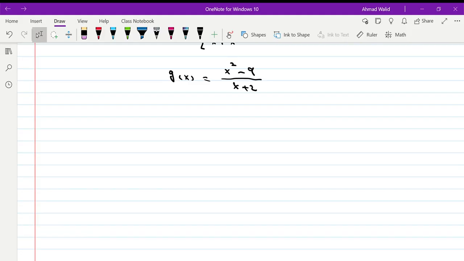Actually, we learned it before. We always set the denominator equal to 0, correct? Set always the denominator equal to 0, solve it. Whatever the value of x comes up, that's your exception or that's your restriction. Those numbers are not in the domain. Let's explain it better in an example.